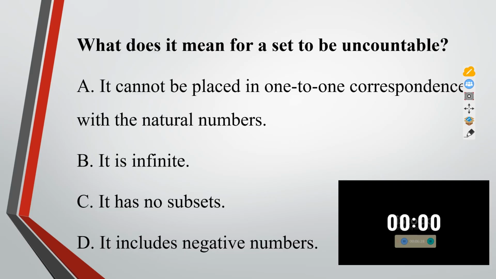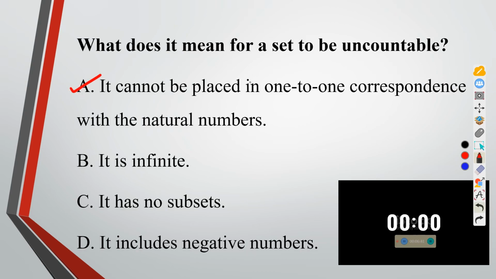What does it mean for a set to be uncountable? We talked about countable sets, so for uncountable sets, it should also be easy to note. That is, it cannot be placed in a one-to-one correspondence with the set of natural numbers.